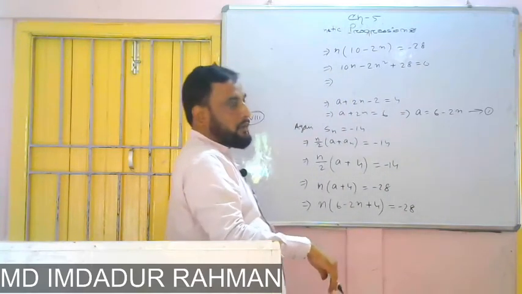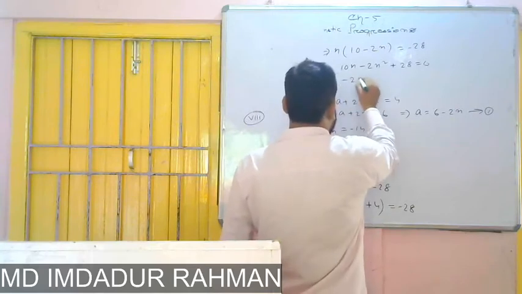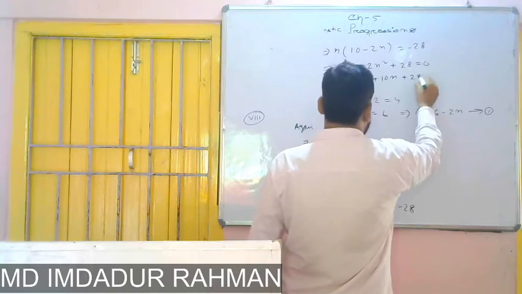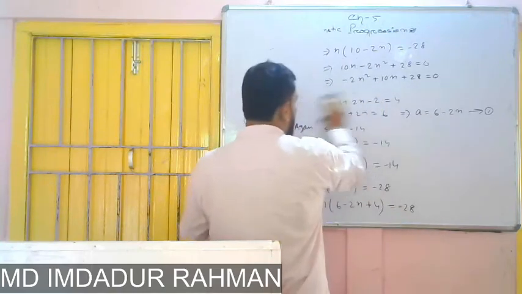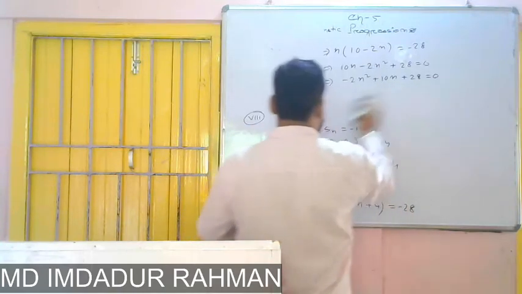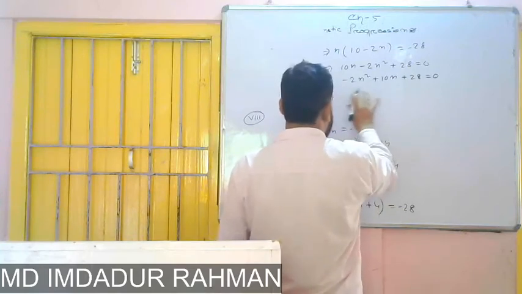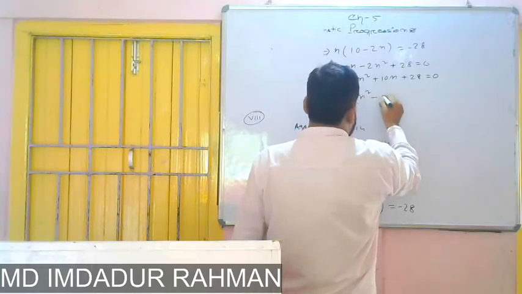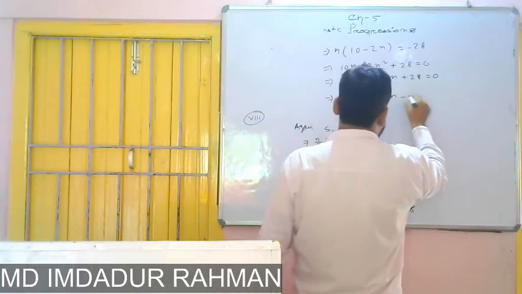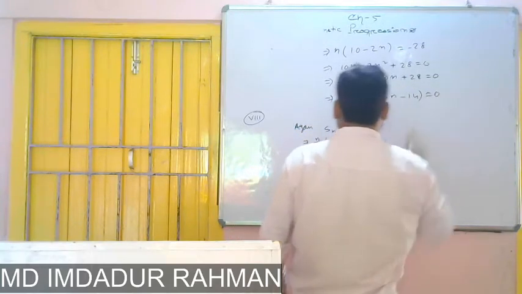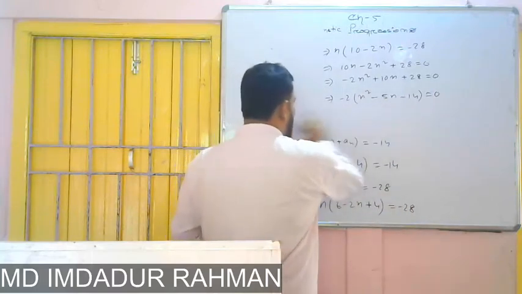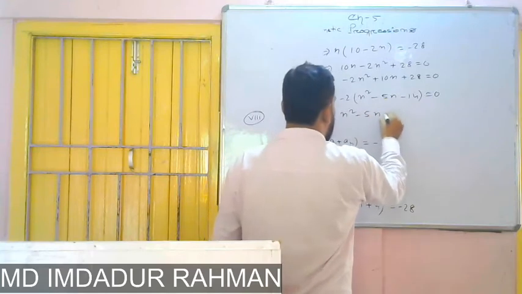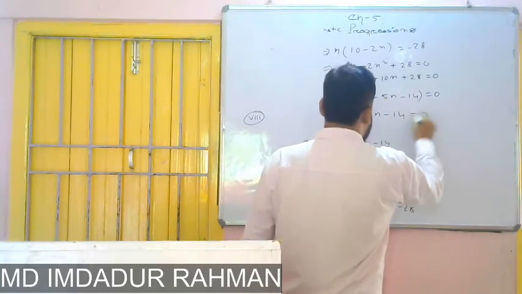Now it will be minus 2n square plus 10n plus 28 is equal to 0, implies take minus 2 common: n square minus 5n minus 14 is equal to 0.